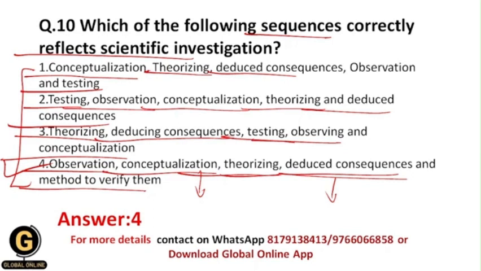So this is nothing but deduced consequences, and after that there is a method to verify them. So for the verification, we basically test the hypothesis through different statistical techniques. Okay, so this is the sequence of scientific investigation, and the correct answer is 4.